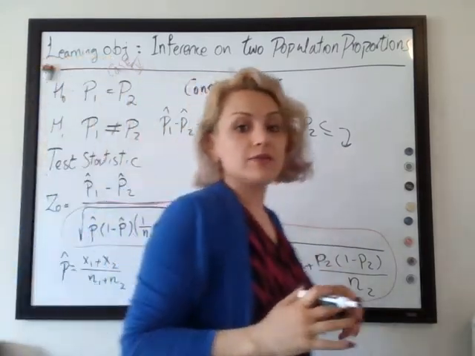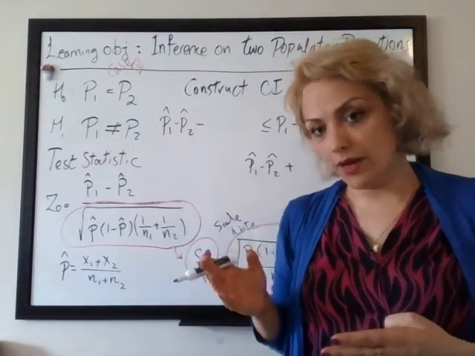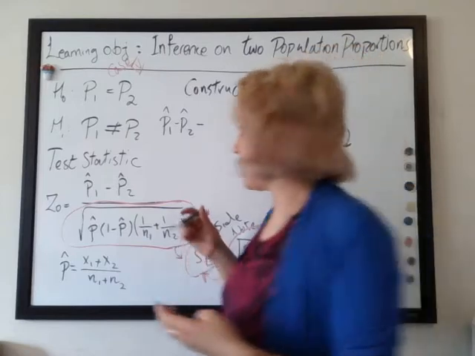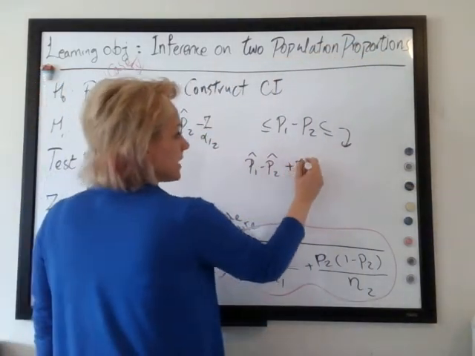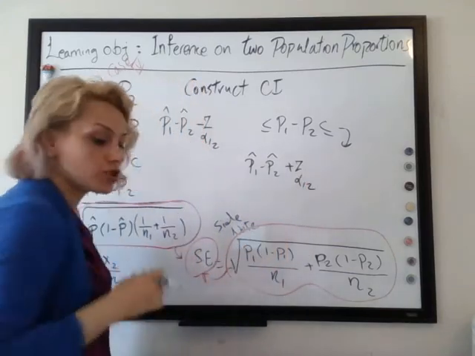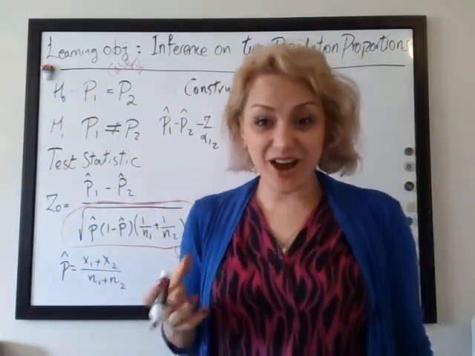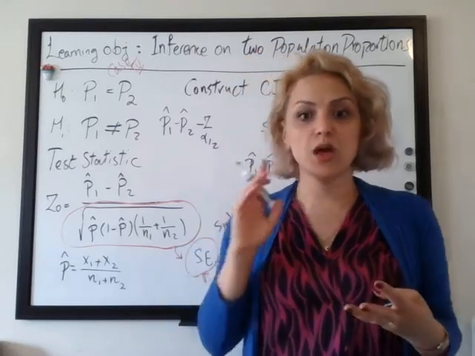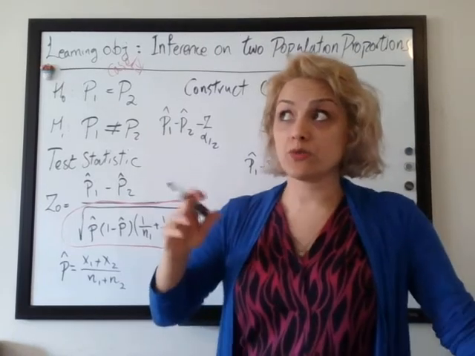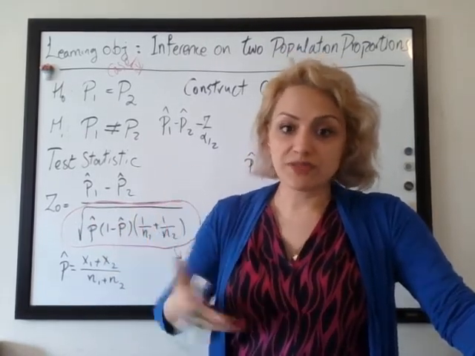We said that the margin of error is some number from the table. So it's the Z at the half of the alpha times the standard error. You see how easy it is when we know the concept. For all of them, whether it was one sample or two samples, we have the same rule.